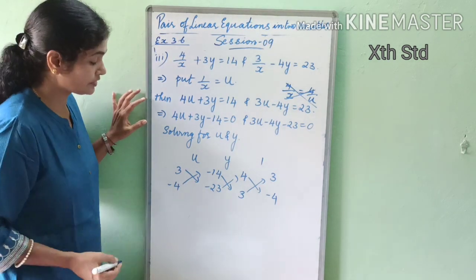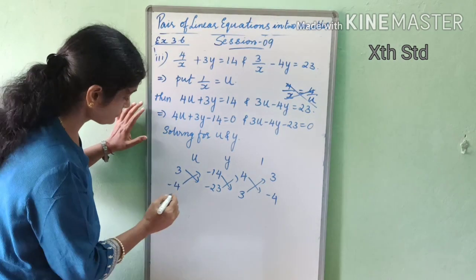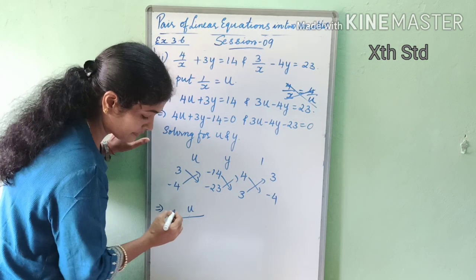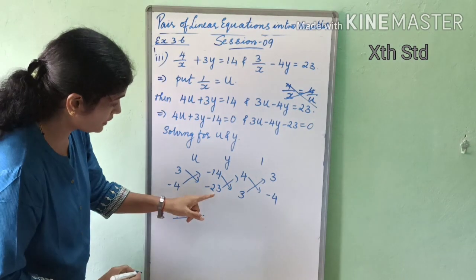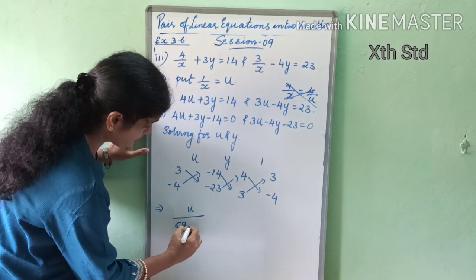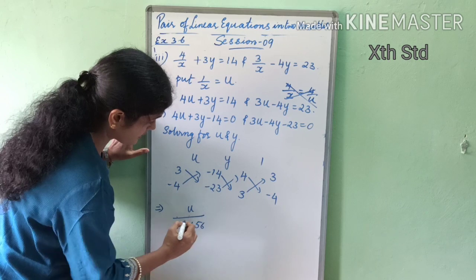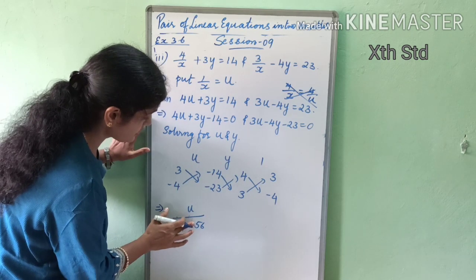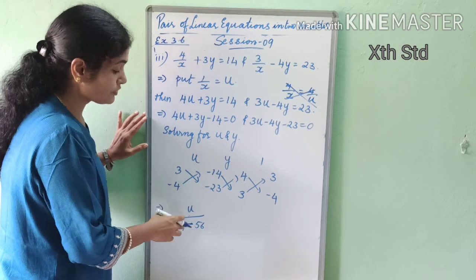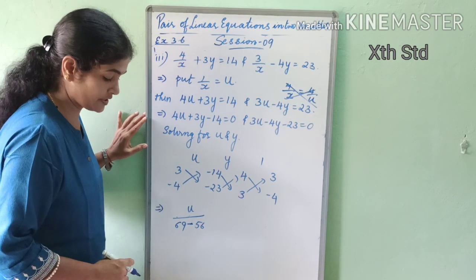Okay, then further you can simplify this, which implies u by 3 into minus 23, it is minus 69, plus 56. No, this is minus 56. Minus into minus is plus, so minus 69 plus 56.